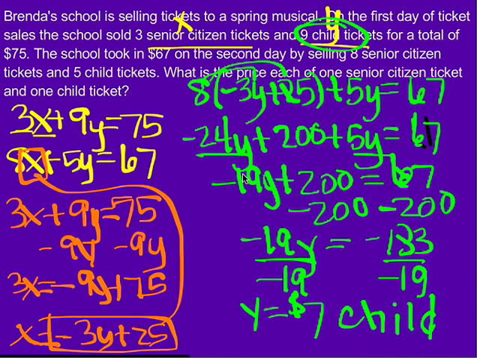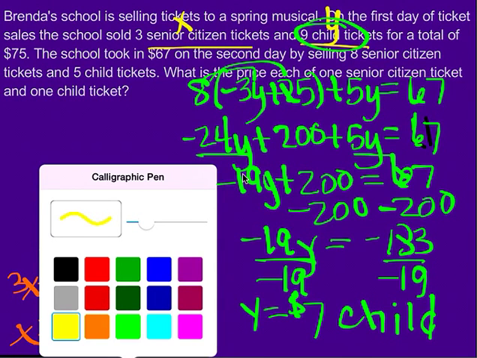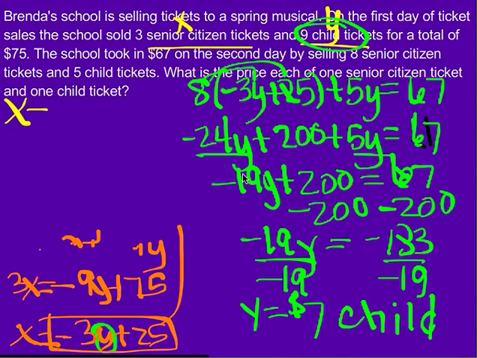Okay, so now we need to figure out what our x is going to be. So here I solve for x. So I'm going to go ahead and plug in for that y right there. So what am I going to do? Well, I have x is equal to, and then I'm going to keep the negative 3. I'm going to take the y out and put 7 in instead, since I know that's what y is equal to.